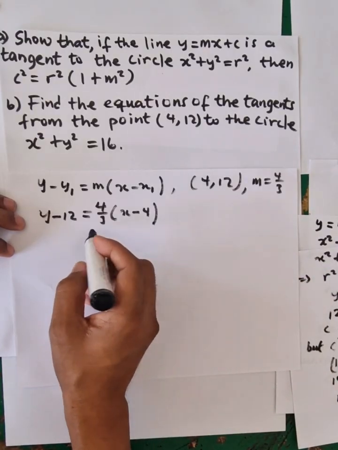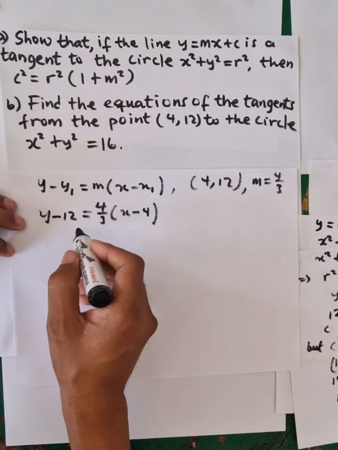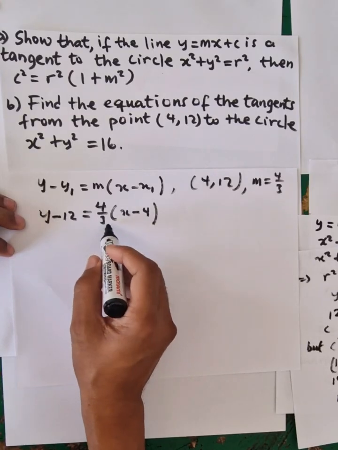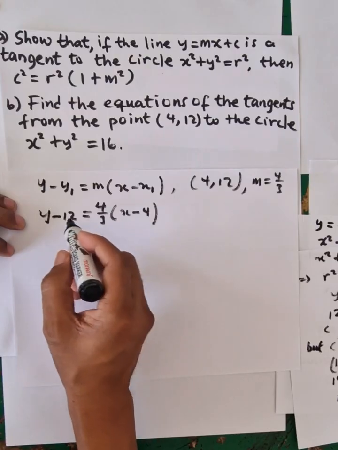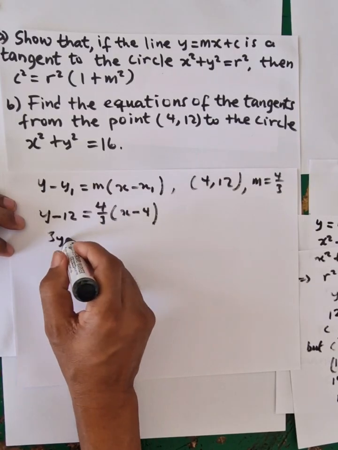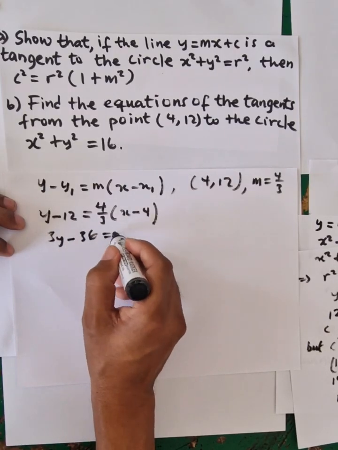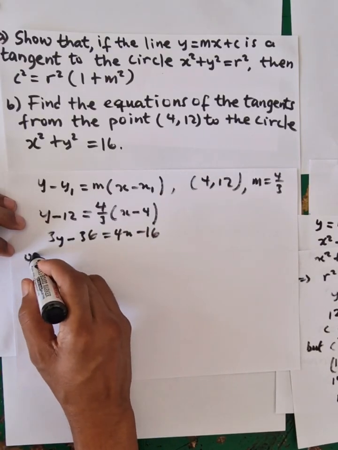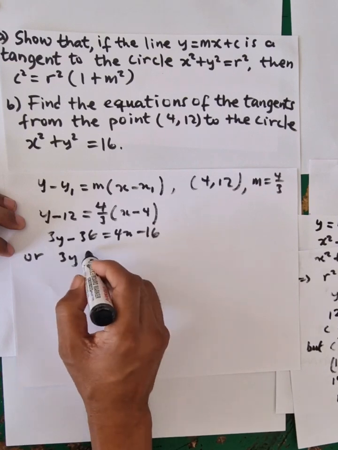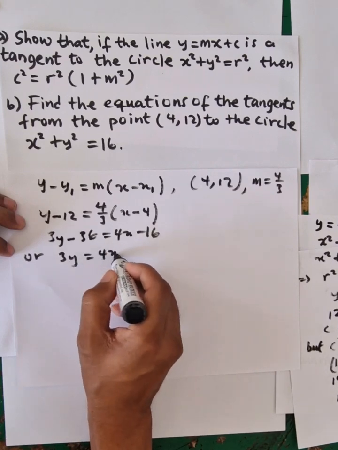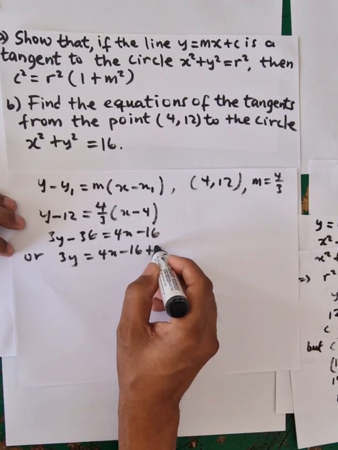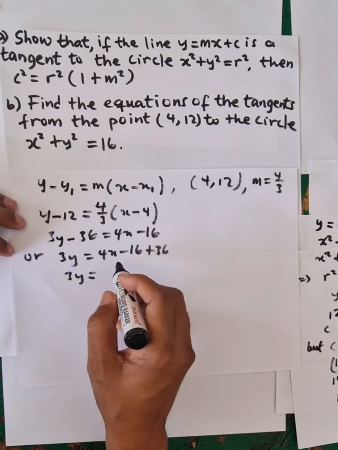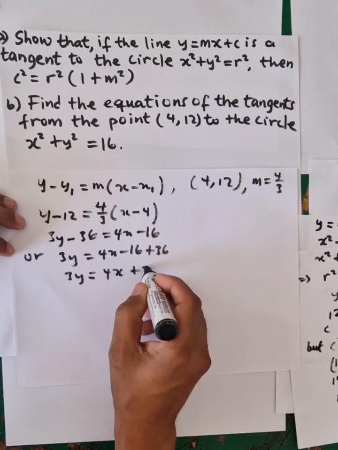Now, readjusting or multiplying through by the denominator value, which is 3, we will have 3y minus 36 is equal to 4x minus 16, or we have 3y is equal to 4x minus 16 plus 36, or 3y is equal to 4x plus 20.